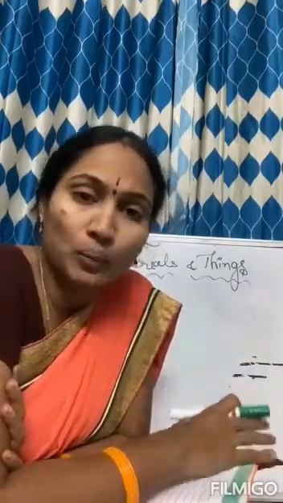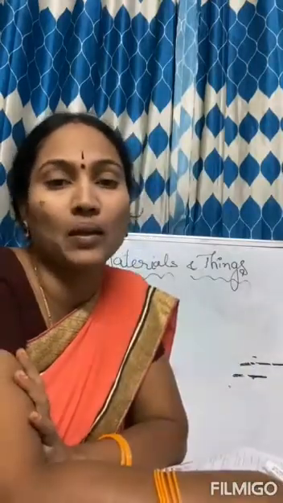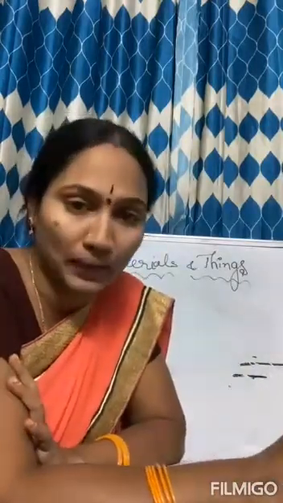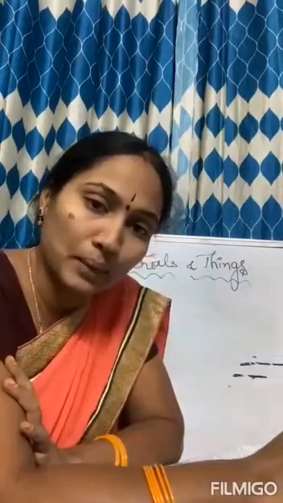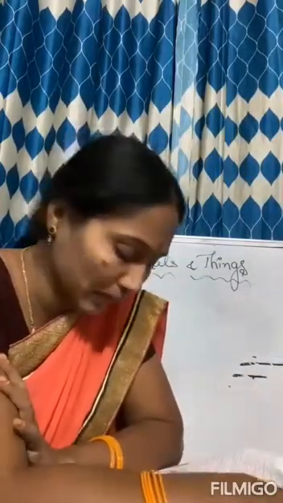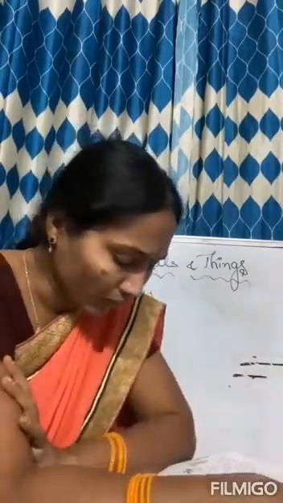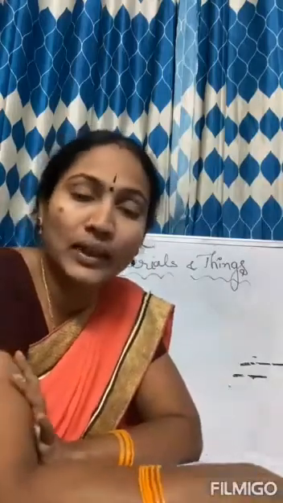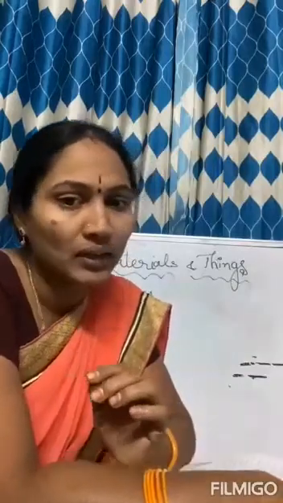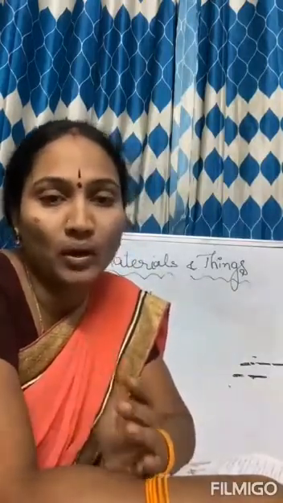So according to the property, some objects are made by using only one material, and some objects are made by using different types of materials. You have to think and you have to observe just in your house. No need of going outside. It may be in the kitchen or it may be hall, it may be anywhere.